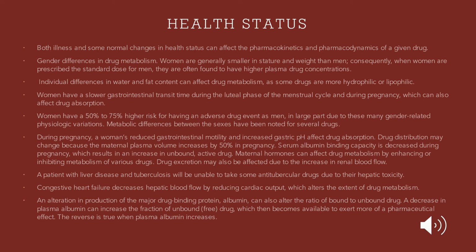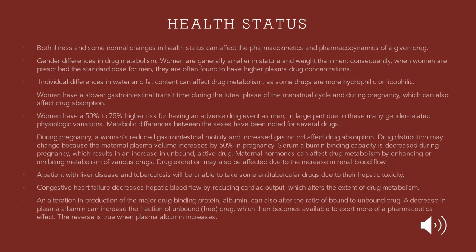Women have a 50 to 75% higher risk of having an adverse event than men, in large part due to these many gender-related physiologic variations. Metabolic differences between the sexes have been noted for several drugs. This suggests that hormonal activity might affect the activity of certain cytochrome P450 enzymes.